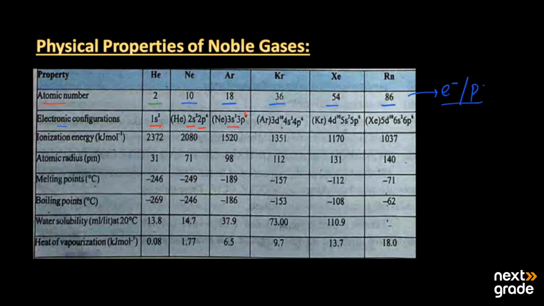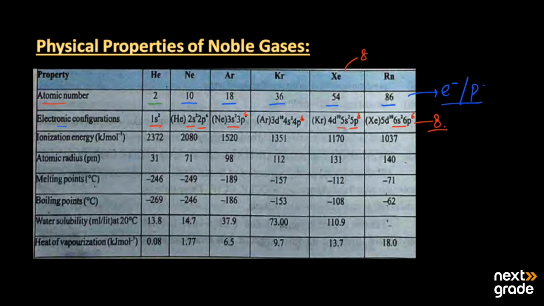Then we have krypton, the valence shell is 3d10, 4s2, and 4p6. Then xenon, its valence shell is 5s2, 5p6, that contains 8 electrons in its valence shell. Then we have radon, its valence shell is 6s2, 6p6, again containing 8 electrons in the valence shell, so that's why their octet is complete.